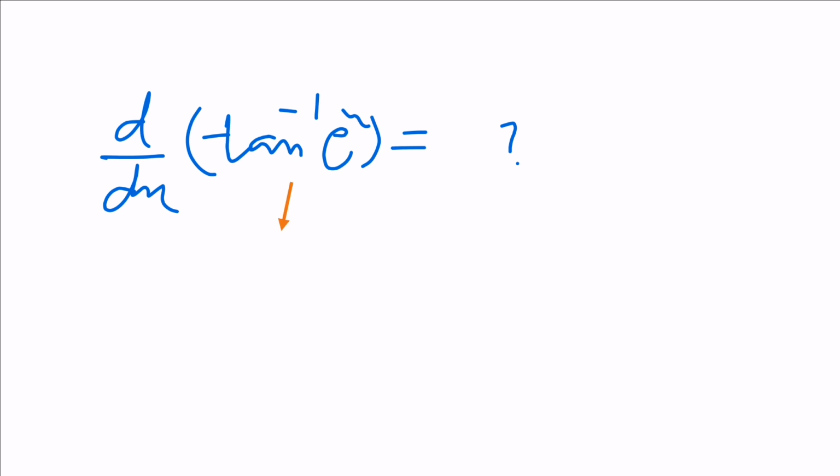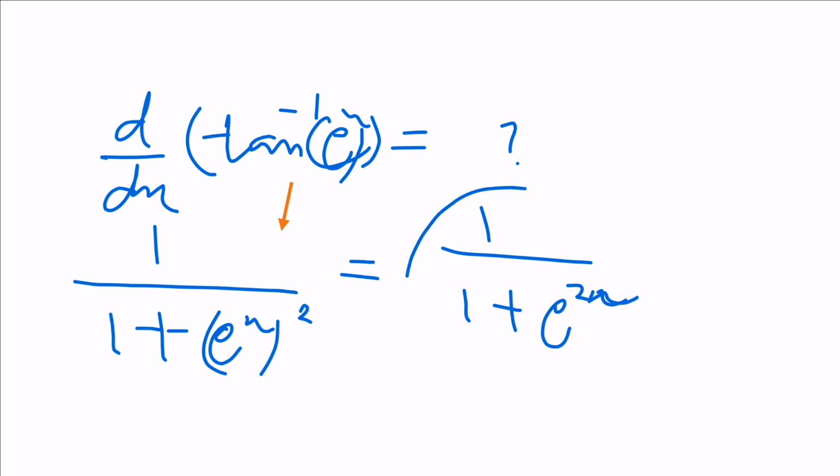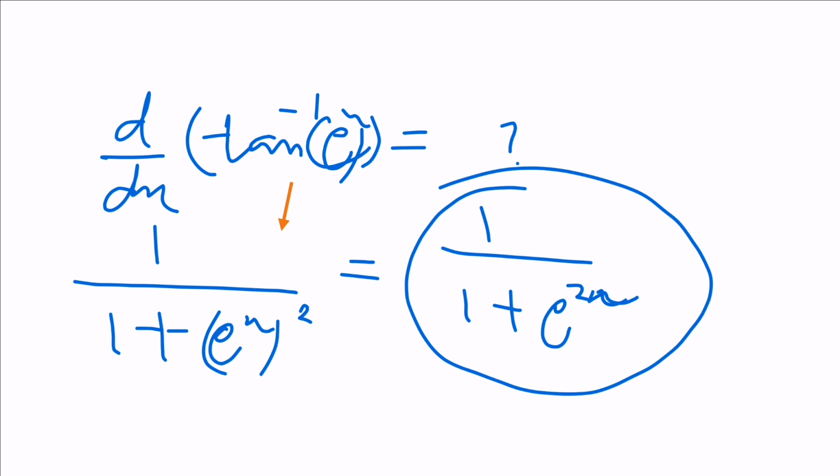This is equal to 1 over 1 plus e power x whole square. So this can be written as 1 over 1 plus e power 2x. So derivative of tangent inverse e power x is equal to e power x over 1 plus e power 2x.